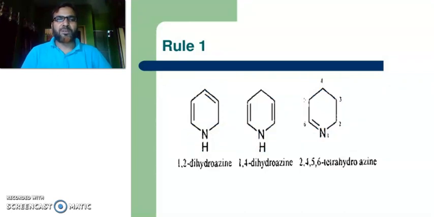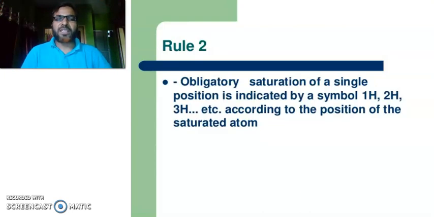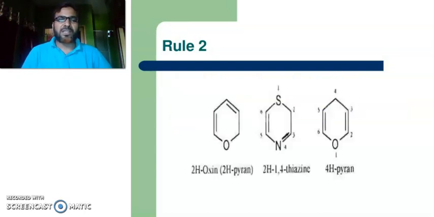You can see 1,2-dihydroazine, 1,2-dihydroazine, 1,4-dihydroazine, and 2,3,5,6-tetrahydroazine. Now friends, obligatory saturation of a single position is indicated by a symbol 1H, 2H, and 3H according to the position of the saturated atom. You can see here 2H-oxine, 2H-pyran, and 2H-1,4-thiazine, and 4H-pyran, because at the 4 position there is a hydrogen.